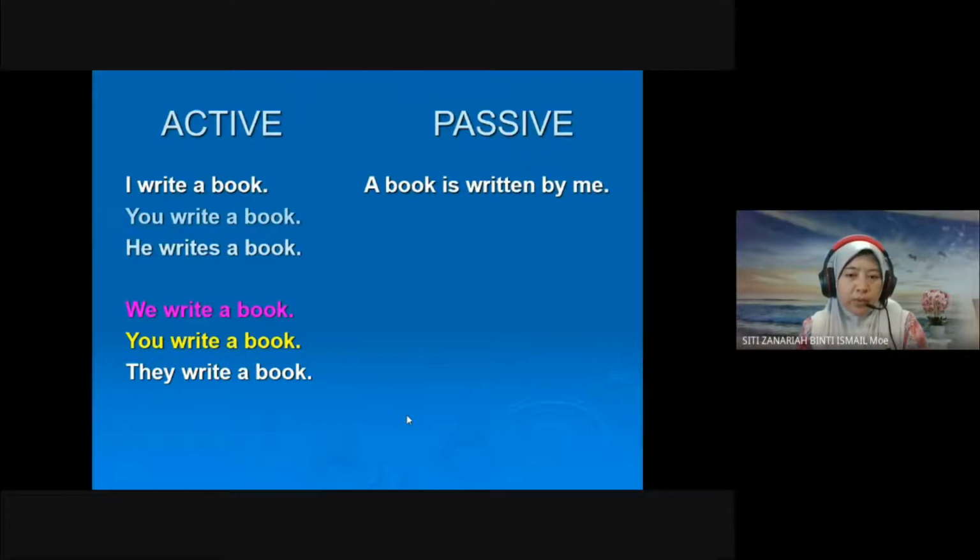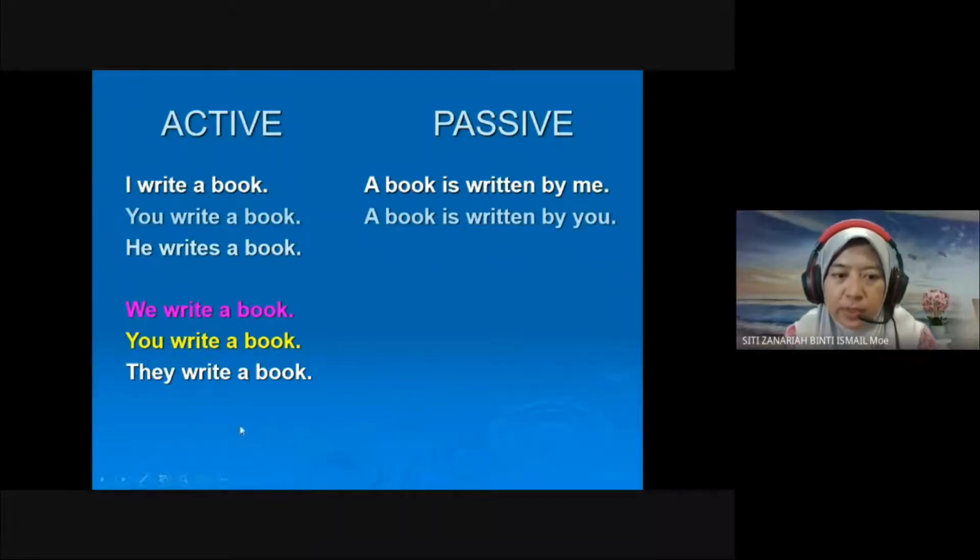I write a book. When it changes to passive voice, it can be written as a book is written by me. What happened to the next sentence? You write a book. So a book is written by you. You can see the difference in using tenses here.